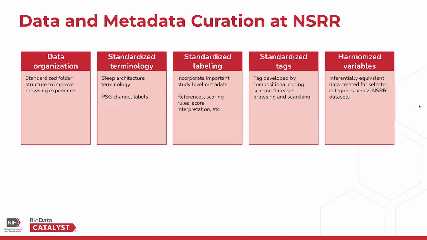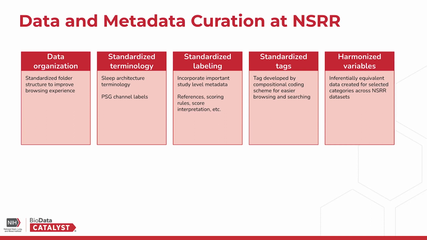And this is a little bit more about how we organize and do some of that detailed curation of metadata. So as I mentioned, all of our variables are organized in a standardized folder structure to help with browsing. We work very hard on standardized terminology, when often standardized terminology doesn't exist for sleep data, and we'll talk about that later.